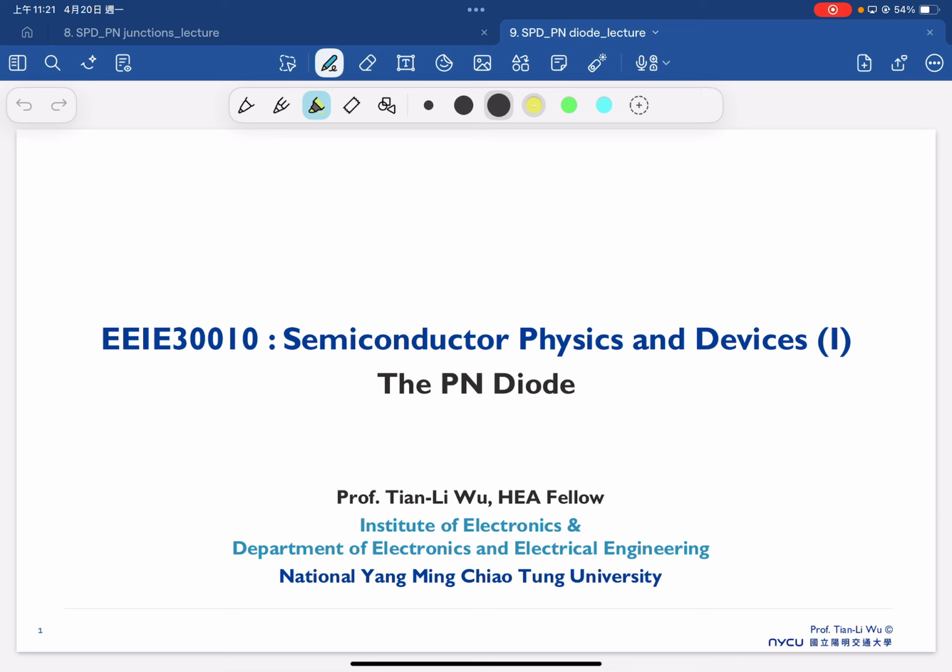In the previous part, we mainly focused on the physics of the P and N, but now we will look at a little more of the whole aspect, where we consider the PN as a device that we call a diode.